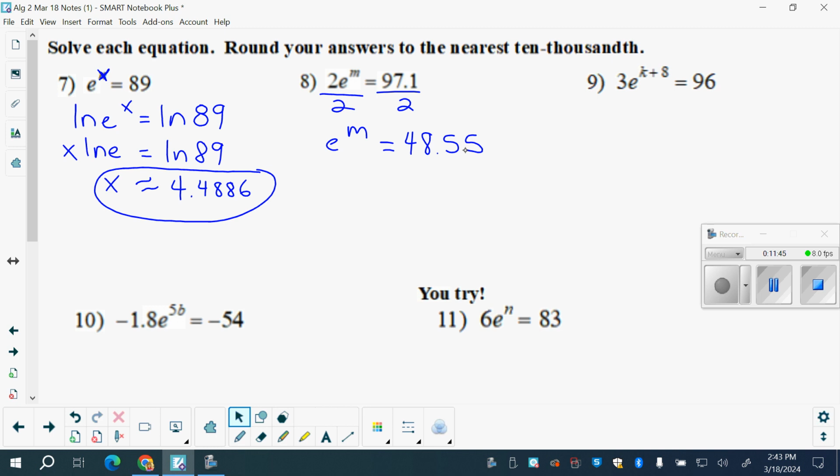So now what would be our next step? Yeah, either one. You can do the log, they'll both work. It's just with the log, you're going to have an extra step that you have to do. So it's easier if we just take the natural log of both sides.